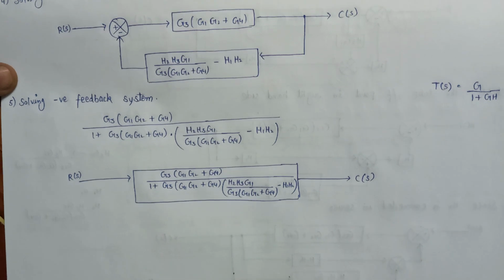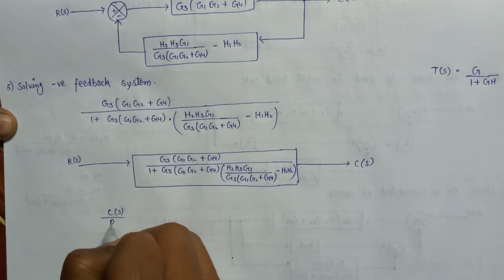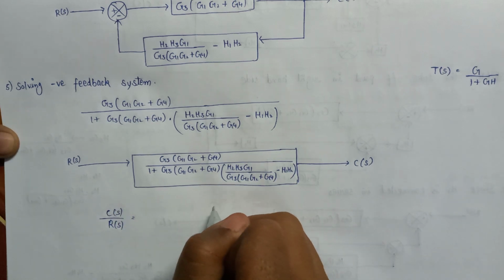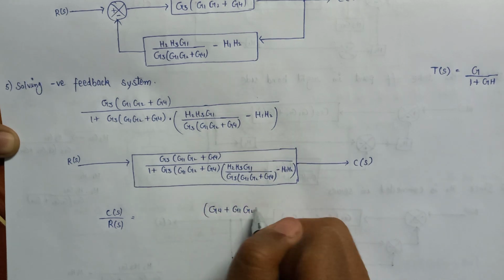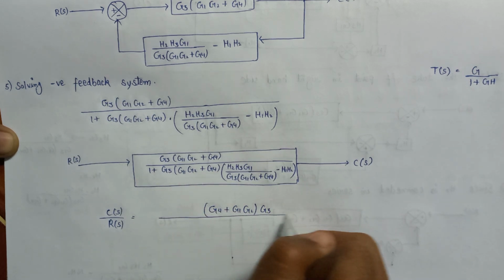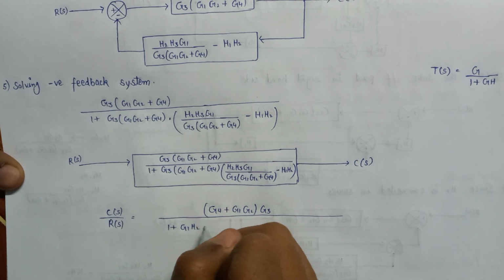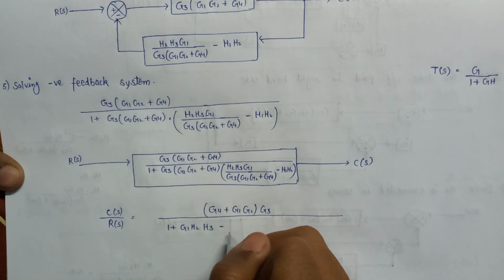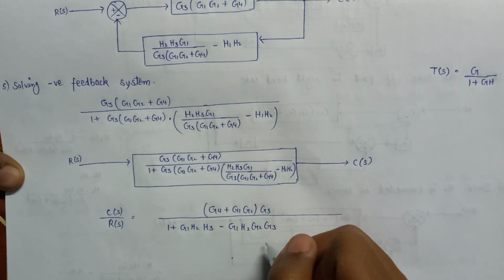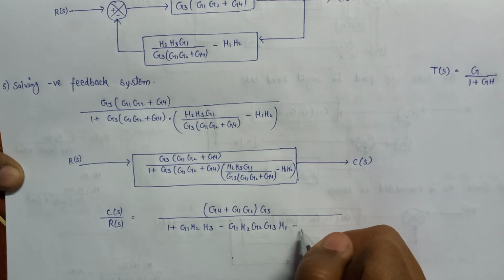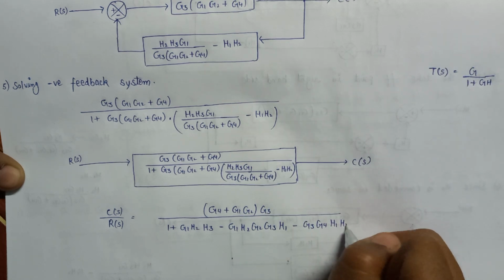Now after calculation and simplification, we get the ratio of C of S over R of S equal to (G4 plus G1 G2) multiplied with G3, whole divided by 1 plus G1 H2 H3 minus G1 H2 G2 G3 H1 minus G3 G4 H1 and H2.